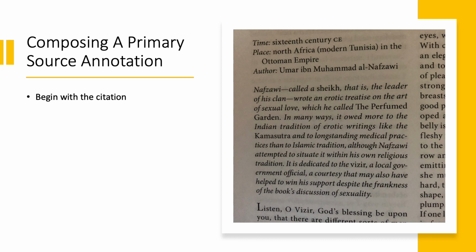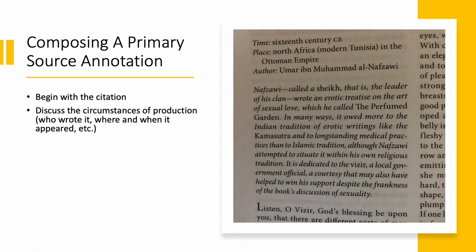So what actually am I looking for here? Okay, so we said start with the citation, and then I would like you to talk about, to the extent you can, the circumstances of production for the source. This, I realize, might not always be possible because sometimes we don't know the authors of primary sources. There's a lot of these that are just anonymous because they were written by an unknown person or because we lost track of who this person was.